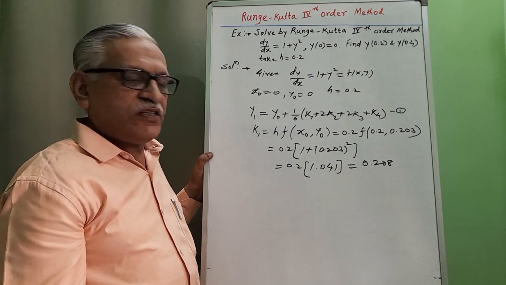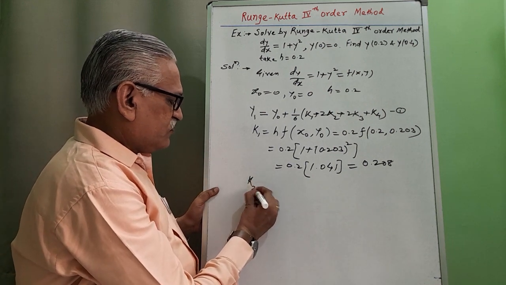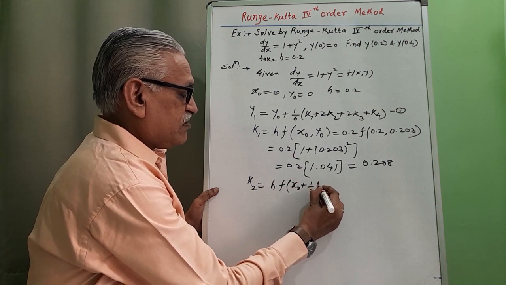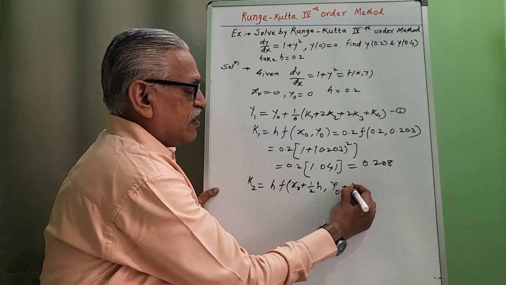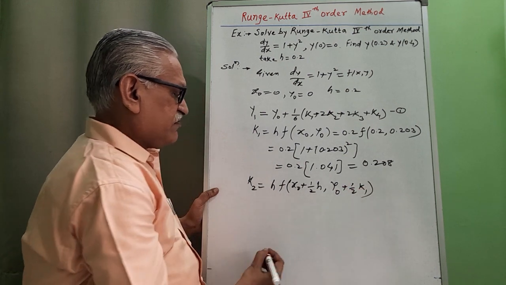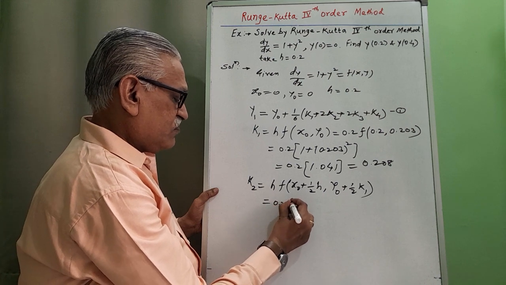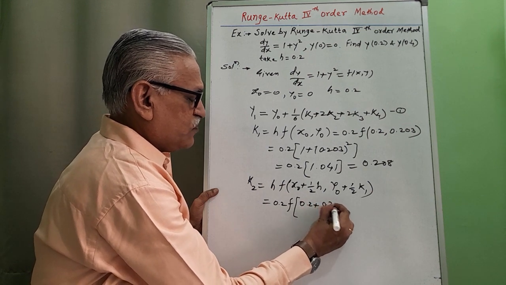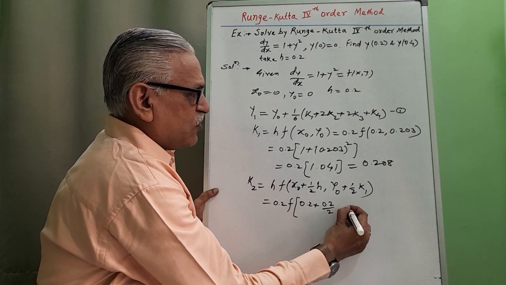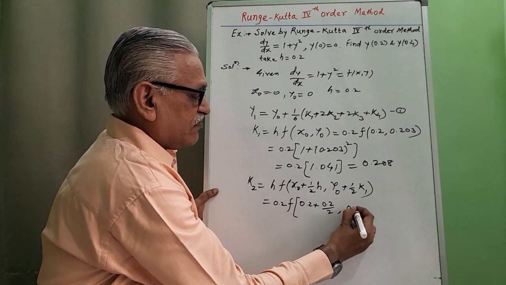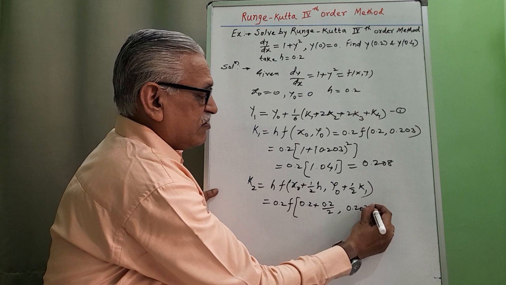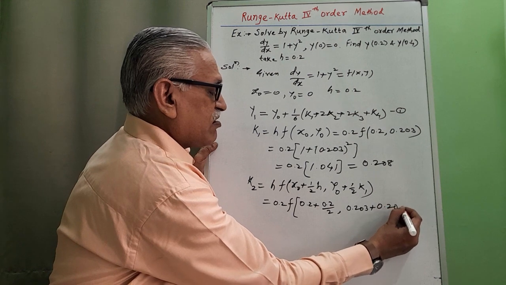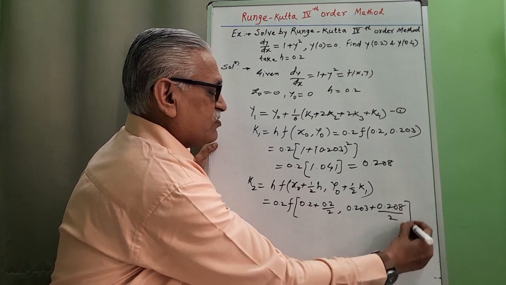We have that value as 0.208. Then k2 is h f of x0 plus half h and y0 plus half times k1. H is 0.2, x0 is 0.2, 0.2 by 2, y0 is 0.203 plus k1 by 2, that is 0.208 divided by 2.